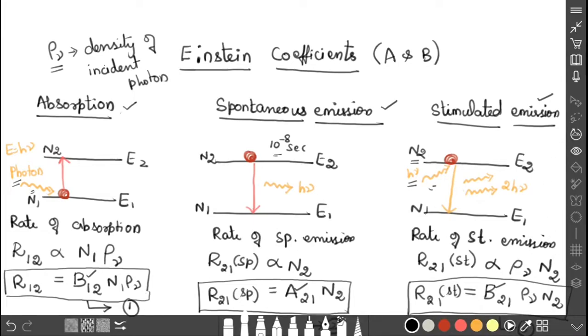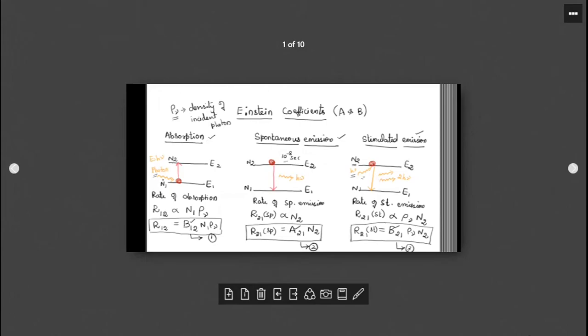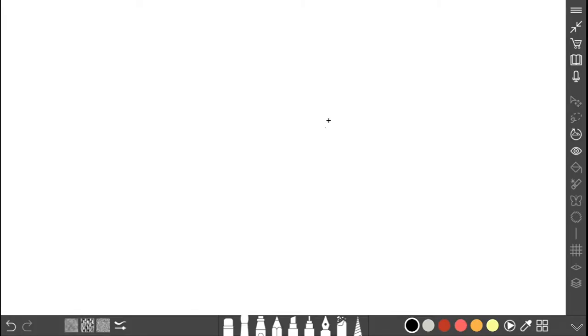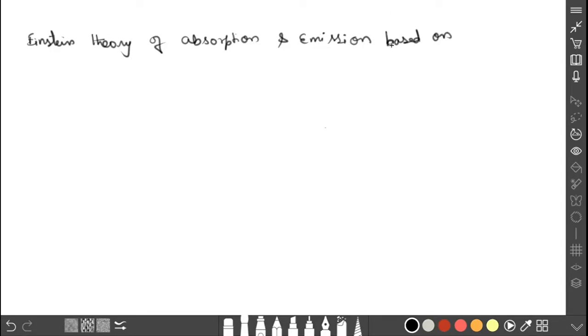So now we are talking about Einstein's theory of absorption and emission, based on Planck's quantum theory of radiation.